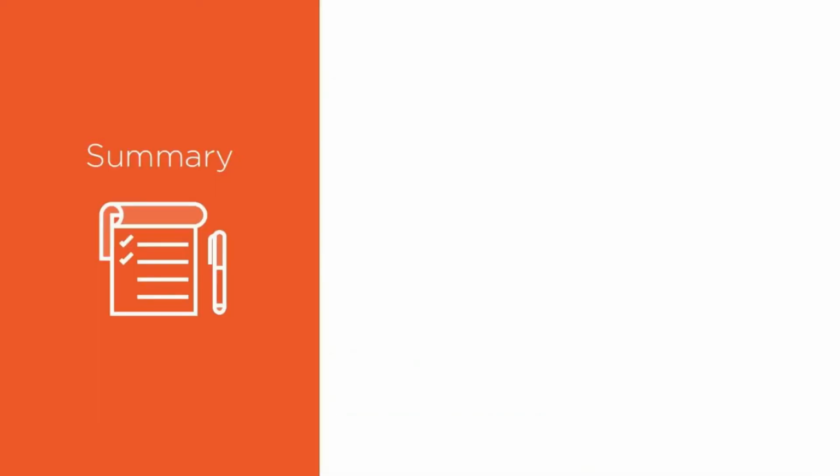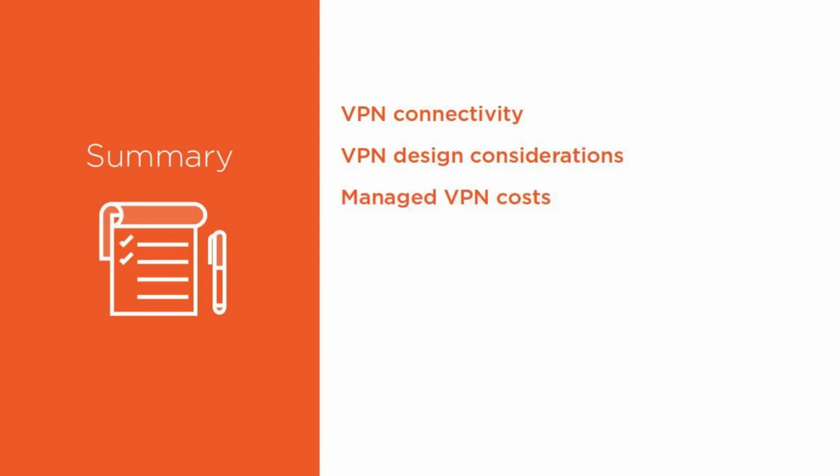Let's take a quick look at what we saw here. We talked about the function and purpose of VPNs in the context of server connectivity, and then about how they're used to access AWS VPCs. We learned about some VPN design considerations and best practices, along with a look at your hardware options and how much it'll all cost you.